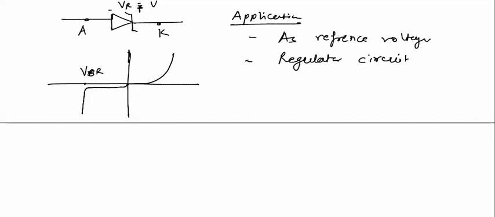When VR equals VBR, the voltage across the diode will remain constant and the current through the diode will increase with the supplied voltage. So we will get the characteristics like this. This particular region is the breakdown region.